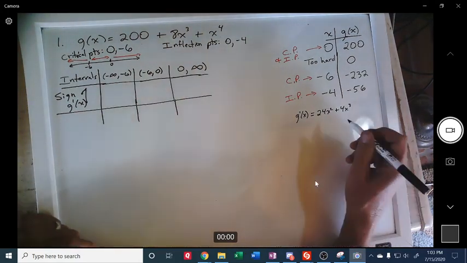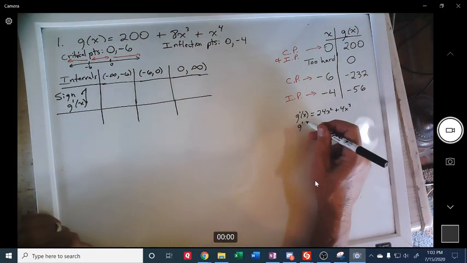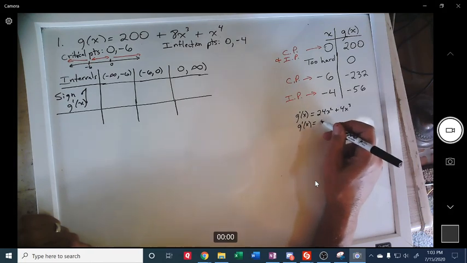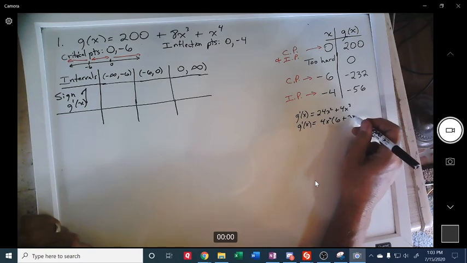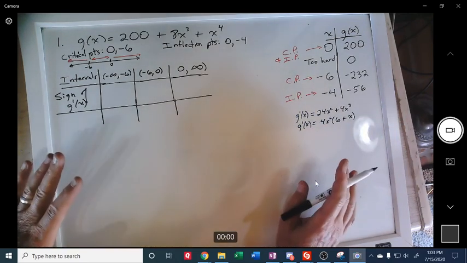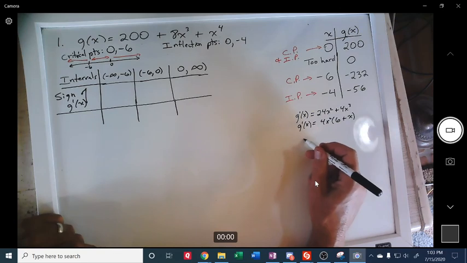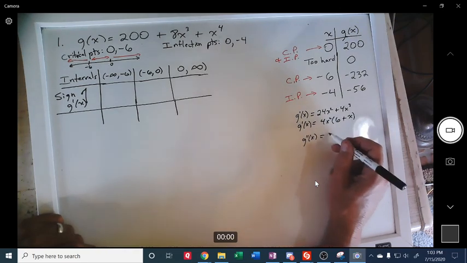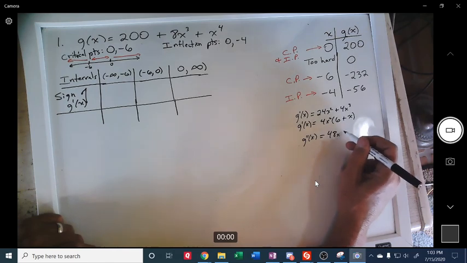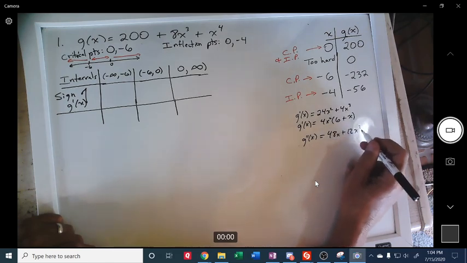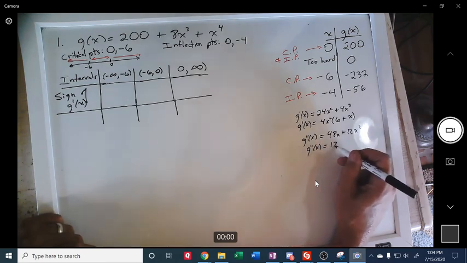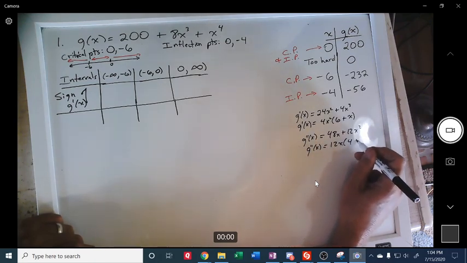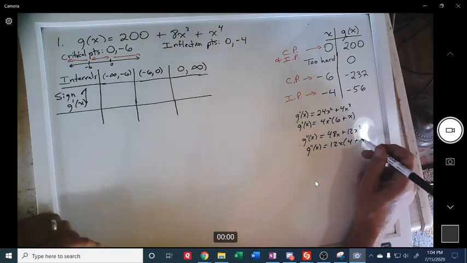And in its factored form, it was 4x squared times (6 plus x). So either of those two. And g double prime of x was 48x plus 12x squared, and in its factored form is 12x times (4 plus x).